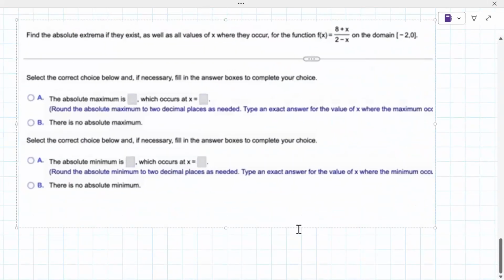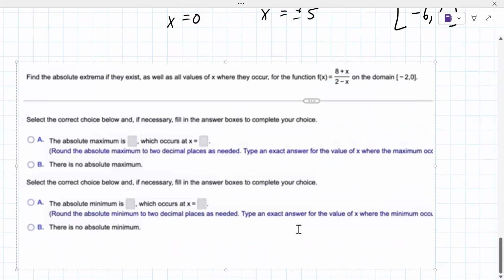Any questions on that before we move to the next one? Okay. All right, so for this one, you want to try the two endpoints.